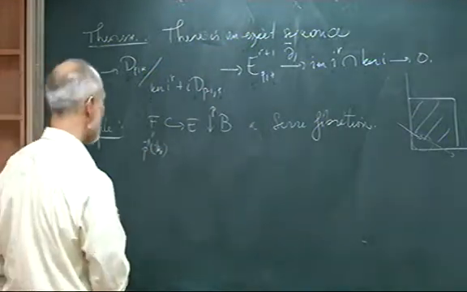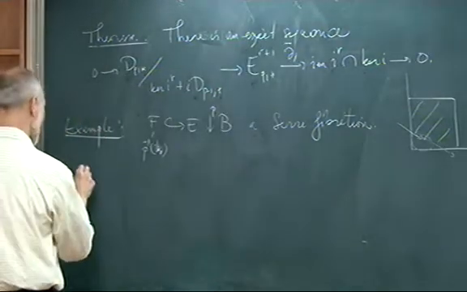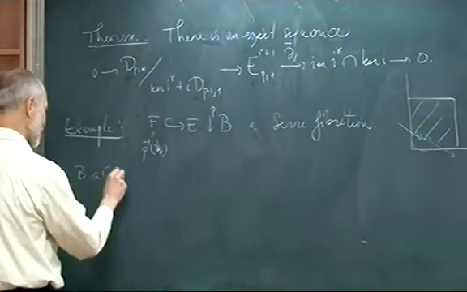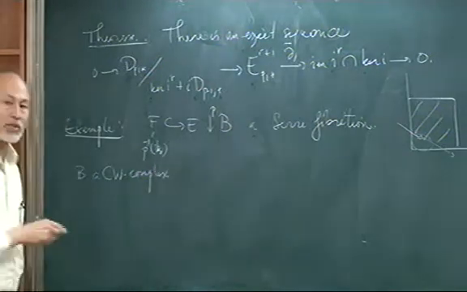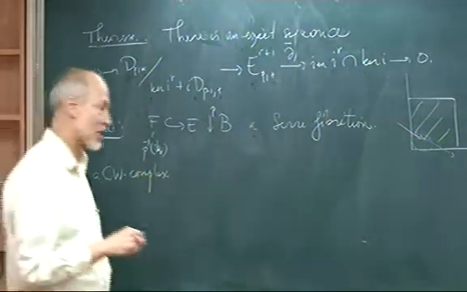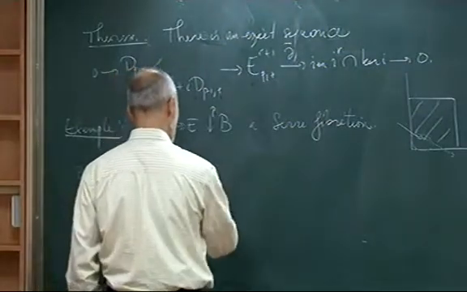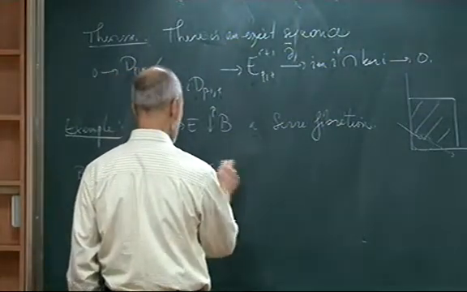the fiber F. So here I want to assume that B is a CW complex, and so if it's a CW complex, then I obtain a filtration.